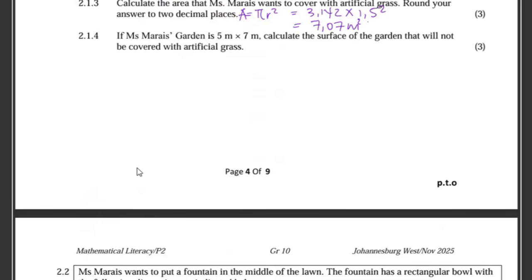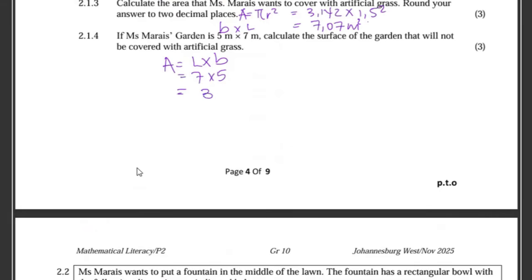If Mrs. Morris's garden is 5 meters by 7 meters, calculate the surface of the garden that will not be covered by the artificial grass. In other words, this is length, and this is breadth. But some part won't be covered. Guess what happens? We shall say, first get the area, which is L times B, and we say 7 times what? 5.